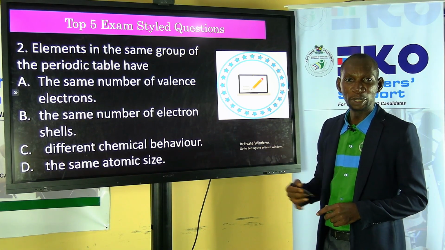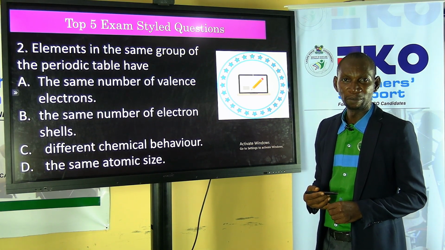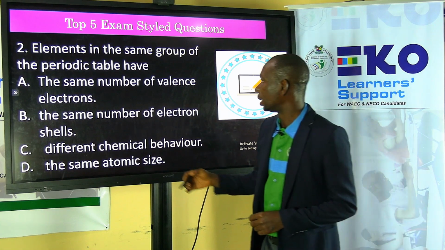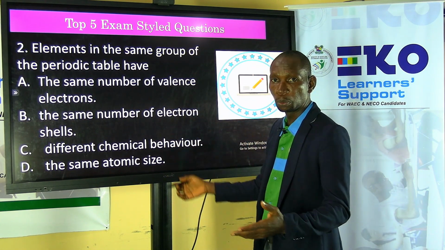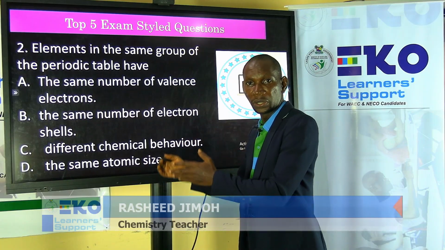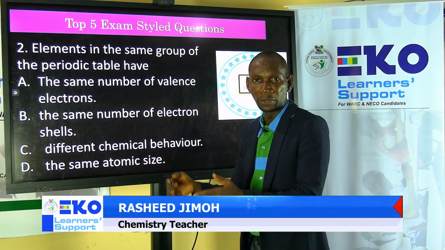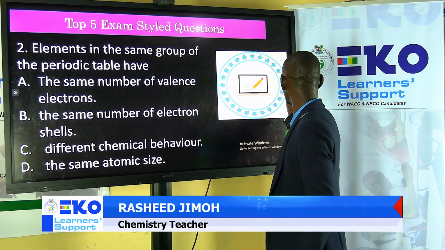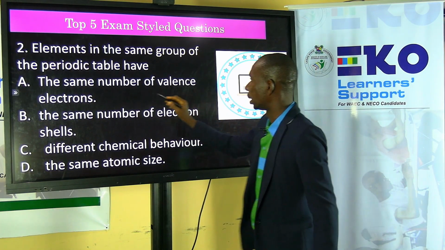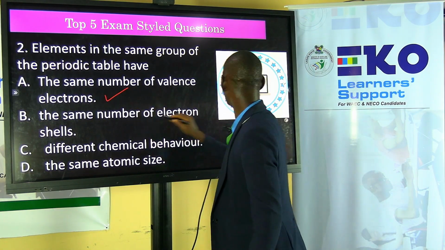That is a bit confusing, all right? But the correct answer is A. They have the same number of valence electrons. For example, in group 1, where you have lithium, sodium, potassium, each of them have 1 electron in their valence shell. Okay? So the correct answer here is option A.